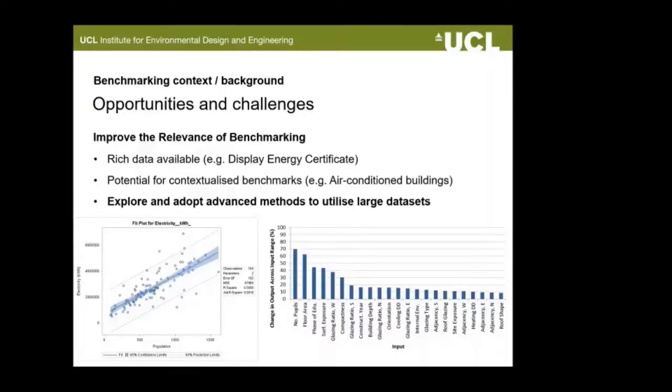What we realized is that adopting these methods to generate benchmarks adjusted for more than just 3 parameters would allow us to provide benchmarks that take into account a broad range of circumstances per building type. Rather than having a single method for all building types, we would then be able to have different approaches for different building types with different key determinants of energy use.